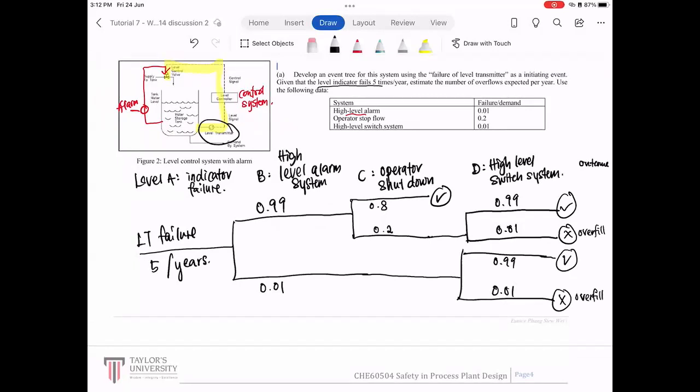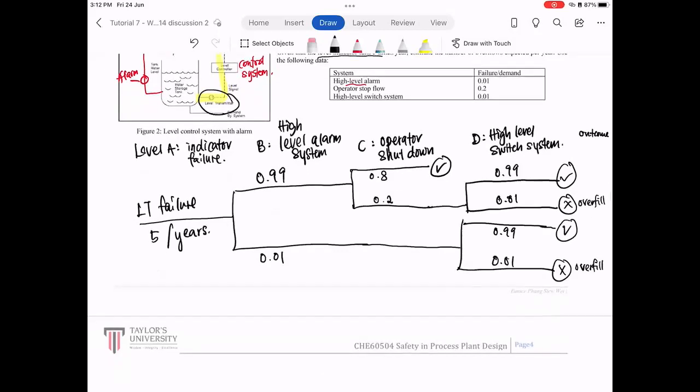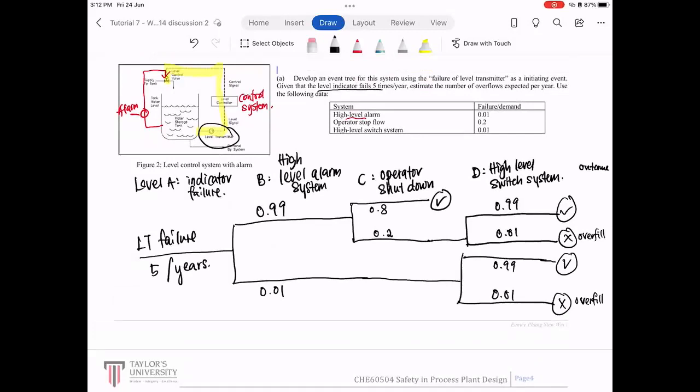Does it make sense to look at this system in this way? We want to know how often, because the question asks us to estimate the number of overflows expected per year.